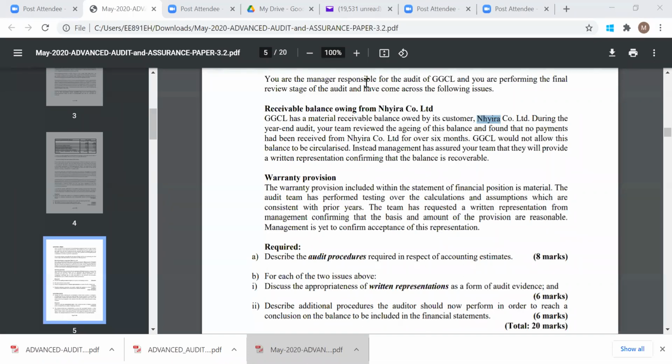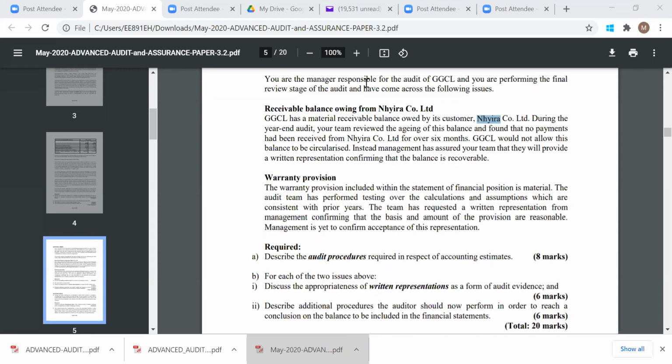That's what it relates to. That's why I said those 7 procedures have to be in your mind. Inquire of management of how the estimate is made. So that's the first audit procedure that comes to mind, right?